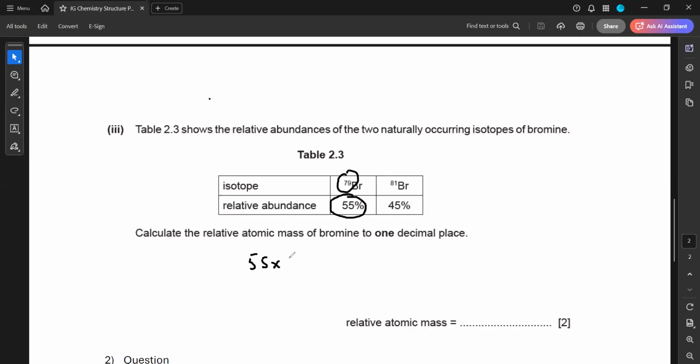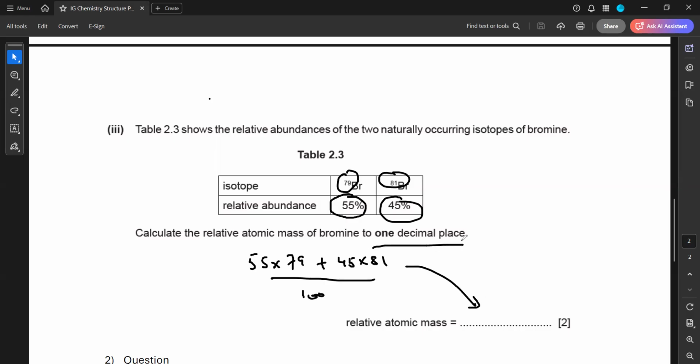What is the mass of isotope? That is 79. Plus the percentage of the second isotope, that is 45%, and the mass of this isotope is 81. So we multiply by 81 and divide it by 100. So after solving, you will write the answer only in one decimal place.